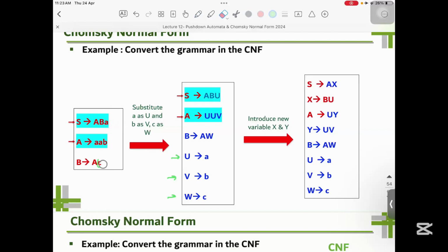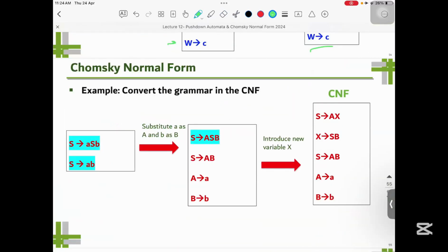After doing this, instead of a, we write U. Here it is U, U, V. Here it is A and W. So this problem is solved. Now the problem is only on these two. So again, you will make an X, for example, as BU and Y as UV. And this language is now in the Chomsky normal form.